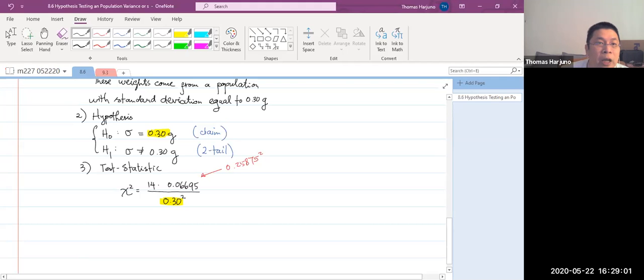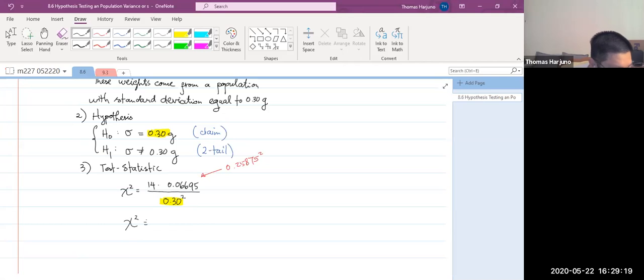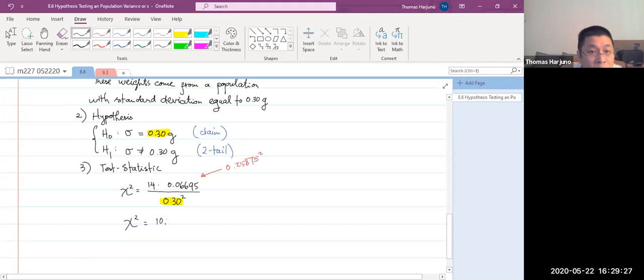Then chi squared equals 14 times 0.06695 divided by 0.3 squared. I get 10.41444.